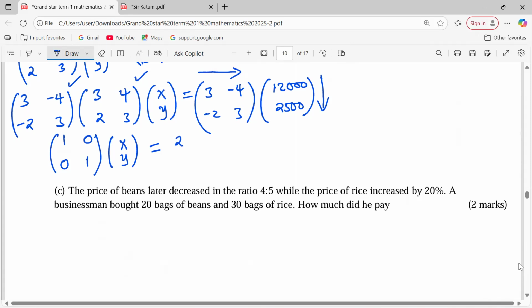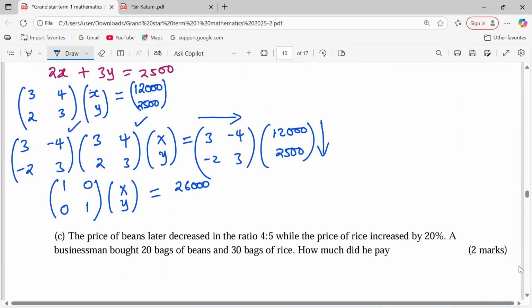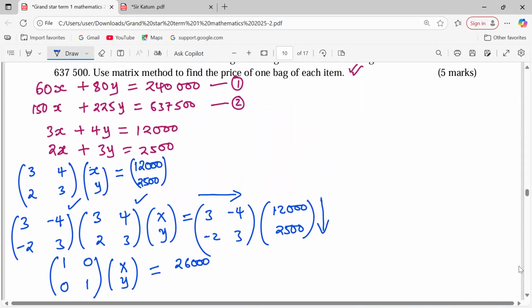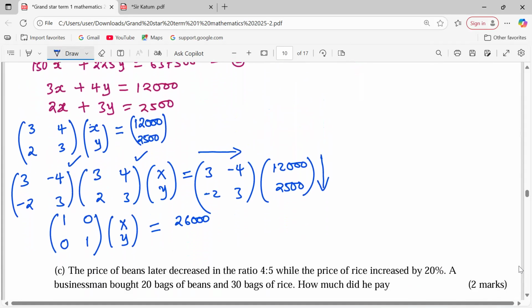26,000. Then -2 into 12,000 plus 3 into 2500. I'm still very careful on that to ensure that I'm multiplying the right thing.